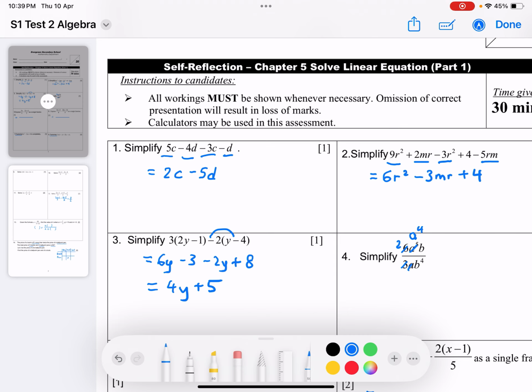The power tells us the number of factors. Similarly, b cancels with b to the power of 4, which is b cubed in the denominator. So our final answer is 2a to the power of 4 over b cubed.